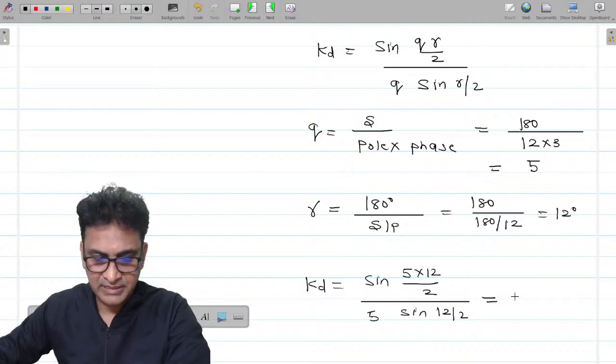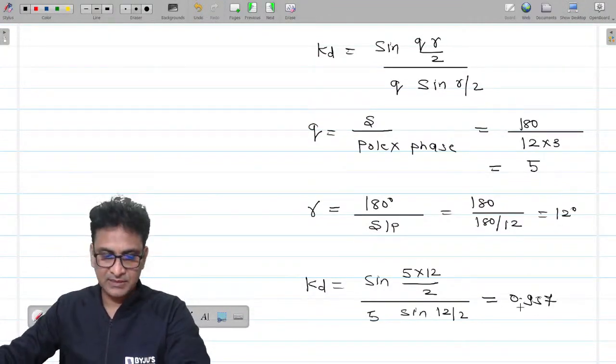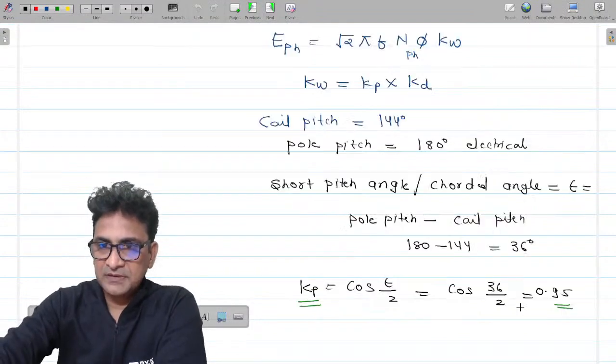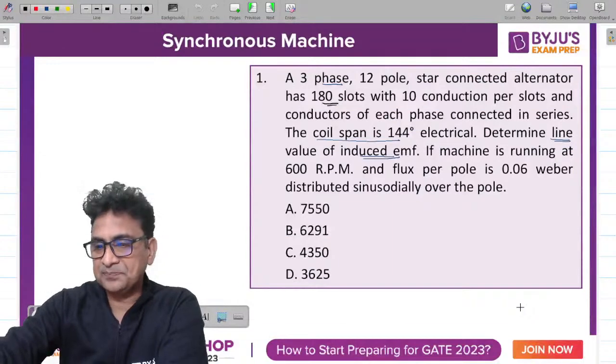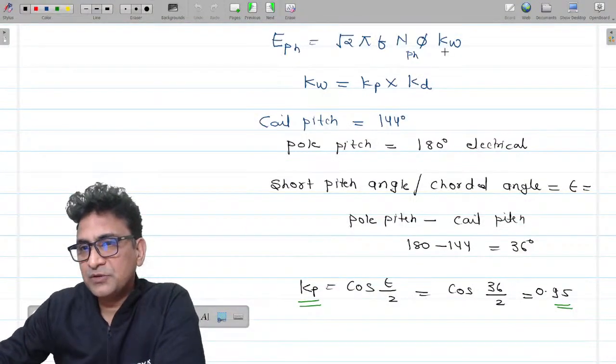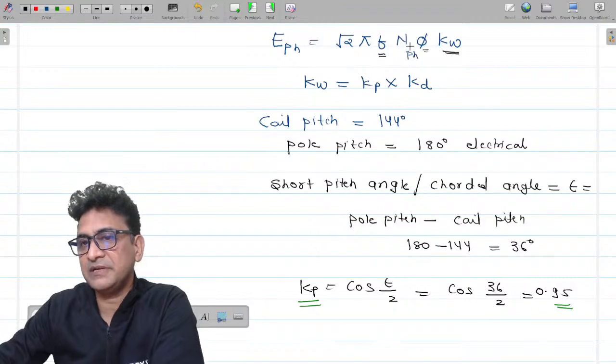If I calculate, I will get the value 0.957. So in this way, we have found the value of Kp and Kd, and now we know the value of Kw. Phi is already given. We have to find the frequency of induced EMF and the number of turns per phase.